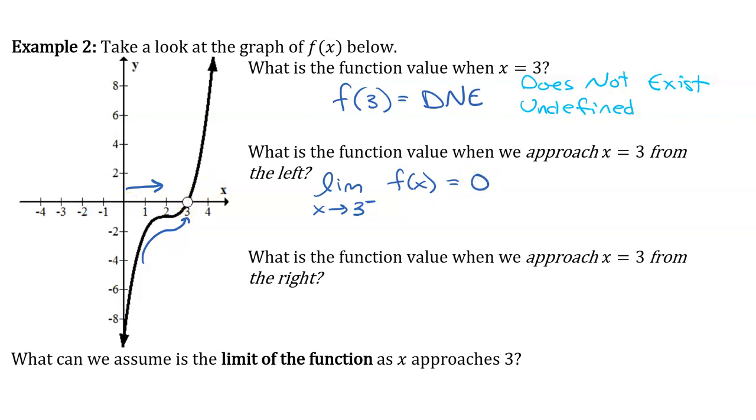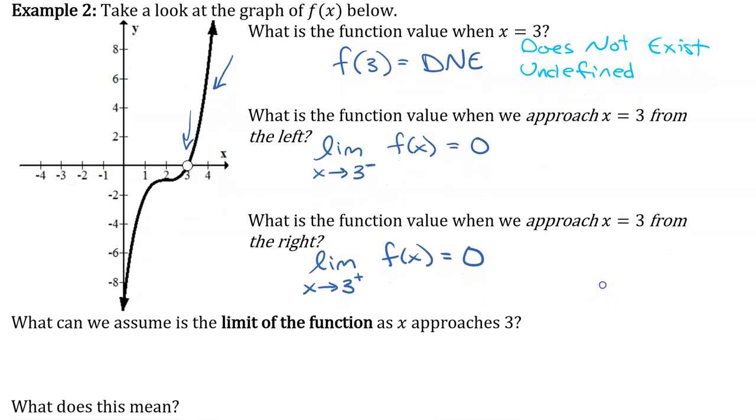Okay, good deal. So the next would be as we approach 3 from the right. So we would have a little bitty plus sign in that top corner of the 3 for the from the right part of f of x. So from the right, we go and go and go, and that is 0 again.